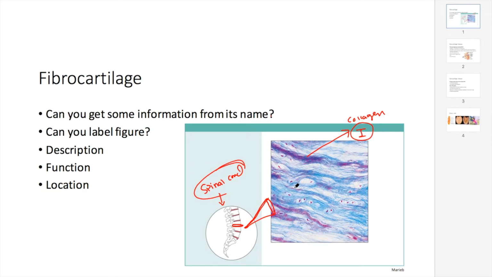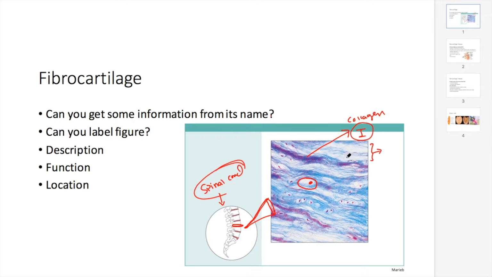So what about this round thing? This is called a lacuna, you know that, right? And the cell inside is called a chondrocyte. This might be a perichondrium area, because it is the outer layer. I don't want to say definitively that it is perichondrium because the diagram is not as clear as it could be.